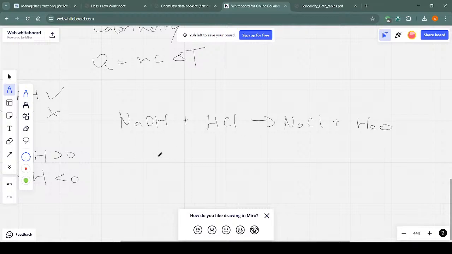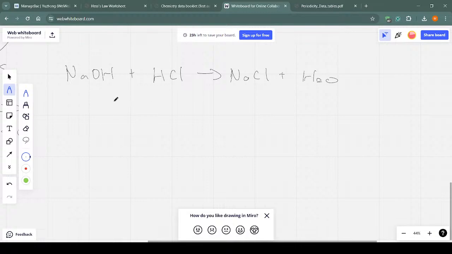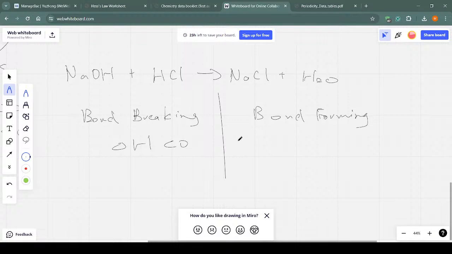So first of all, if you want to calculate enthalpy, you need to break all the bonds. So bond breaking. Now this step is actually delta H is negative. So make sure whatever calculations you come up with, you take the negative one. And on this side, it's bond forming, and that requires energy. So this is when delta H is greater than 0.